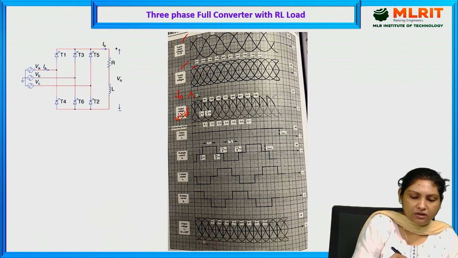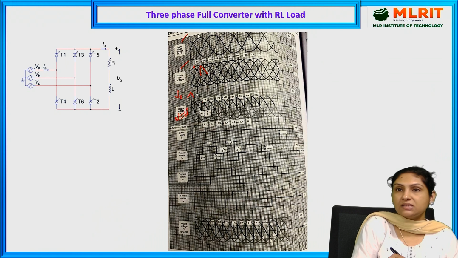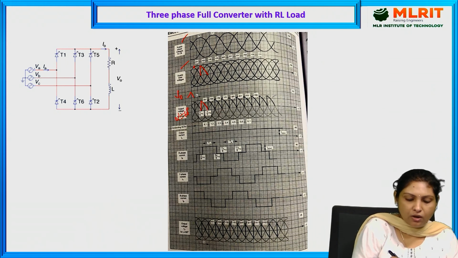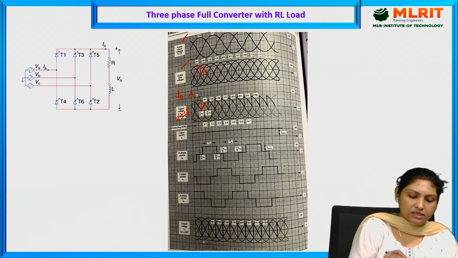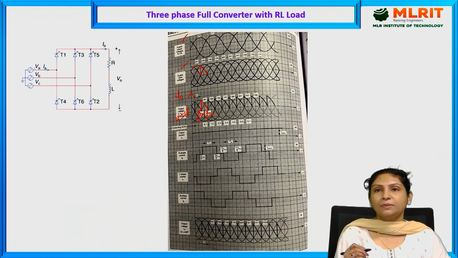Here we have provided the triggering pulse at alpha equal to 60, and it conducts till the R phase ends. So this is your output voltage waveform for alpha equal to 60 degrees. It is conducting from pi by 6 plus alpha to pi by 2 plus alpha. Pi by 6 means 180 by 6, that is 30 degrees.